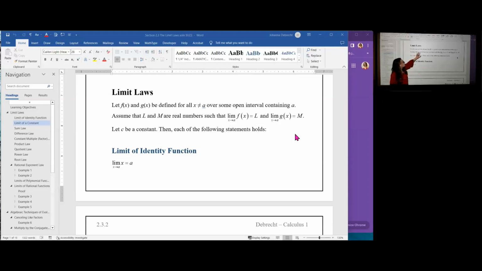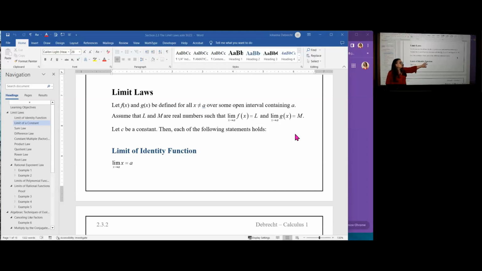Then we're going to take two single finite real numbers, L and M, and we're going to let the limit of f of x as x approaches a be L, and the limit of g of x as x approaches a be M. We're going to let C represent some constant number like 3 or 4.8 or pi. The following statements hold. These are the limit laws.